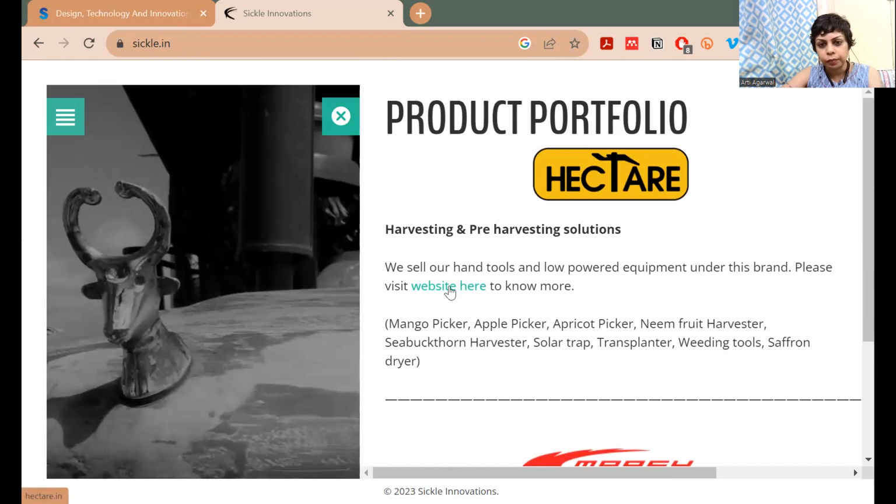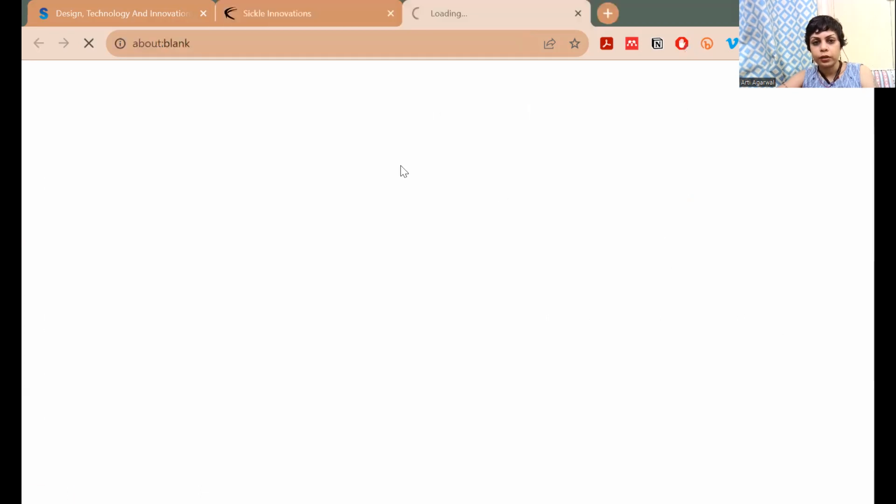So see, this is some of the harvesting and pre-harvesting solutions. They have the mango picker, apple picker, apricot picker, neem fruit harvester, sea buckthorn harvester, solar trap, transplanter, weeding tools, and saffron dryers.